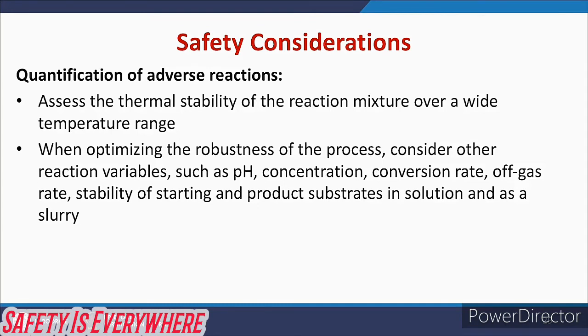So while optimizing the robustness of the process, consider other reaction variables such as pH, concentration, conversion rate, off-gas rate, stability of starting and product substrates, etc., in solution or as a slurry, etc. So you may consider all the probabilities, all the prospects of this particular thing.